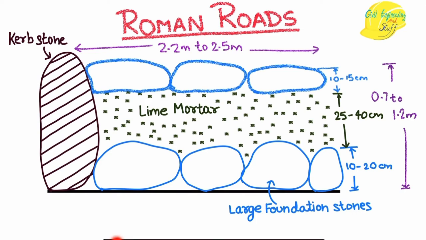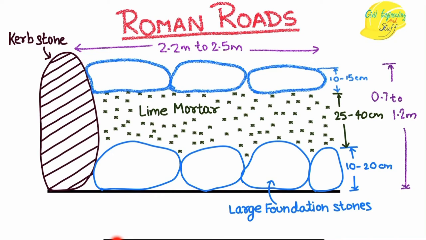A few points to be noted in the Roman roads: there was no gradient or cross slope provided, so the roads were constructed totally flat, and there was no provision of drainage. Apart from that, at that time, mostly bullock carts or animal carts were used as the major mode of transportation.